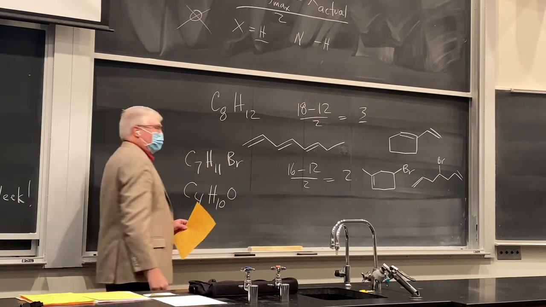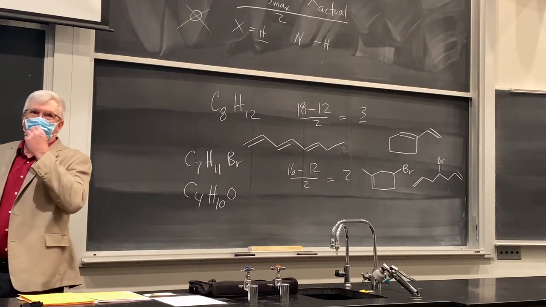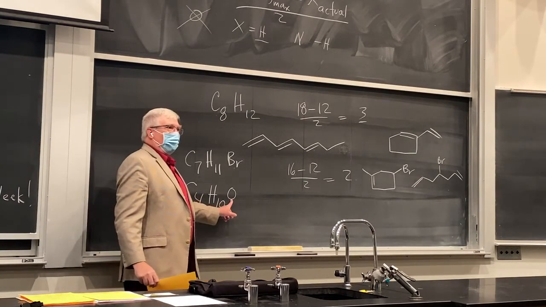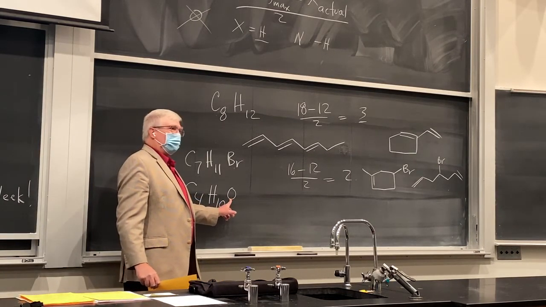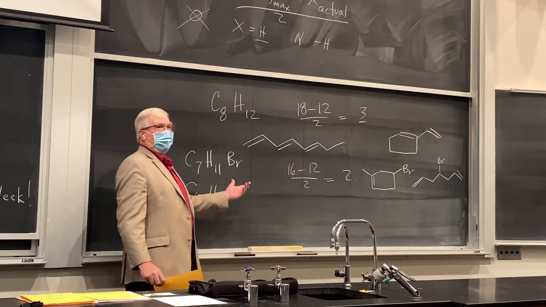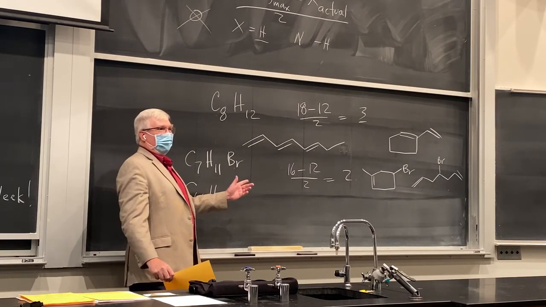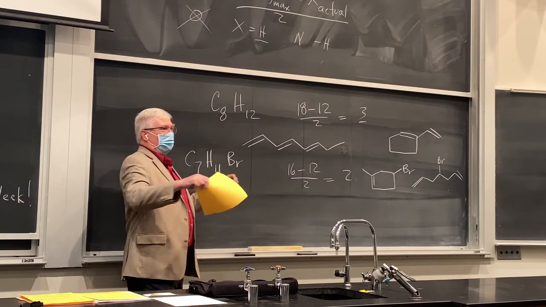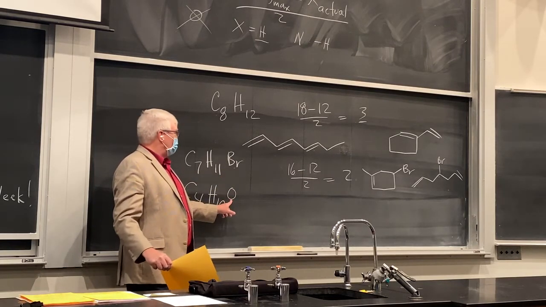C4H10O. And this kind of shows you why you ignore oxygen. Because when you have an alcohol, it's like inserting the oxygen into a carbon-hydrogen bond to make an alcohol, okay? Or an ether, okay? But there we take off 2 hydrogens, make a ring or make 2 bonds to a carbon.